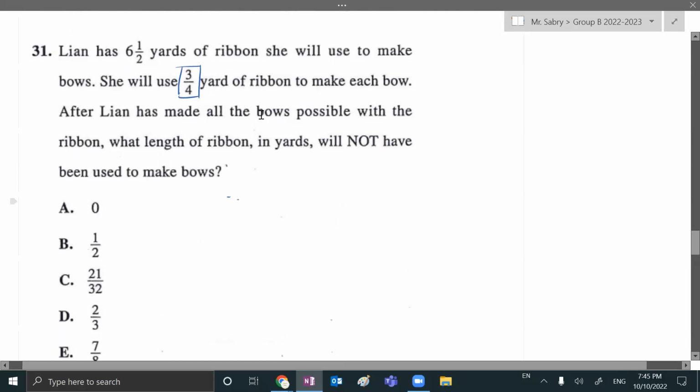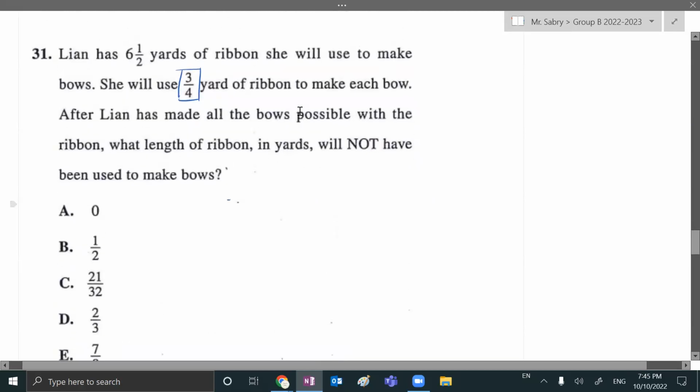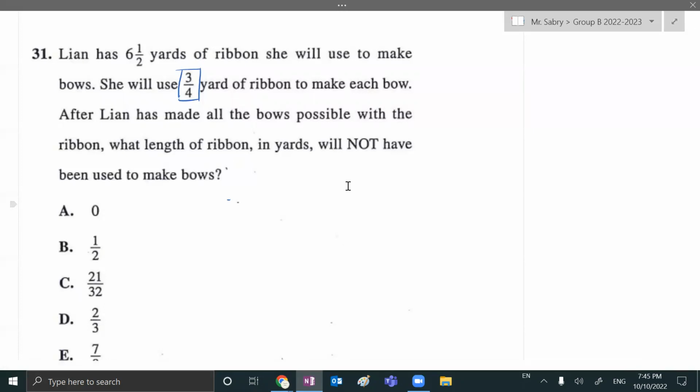The 600 grams of ribbon should be used to make bows. You will use the over yards of ribbon to make each bow. Good. After the ribbon made all the bows possible, the ribbon that has not been used to make bows.